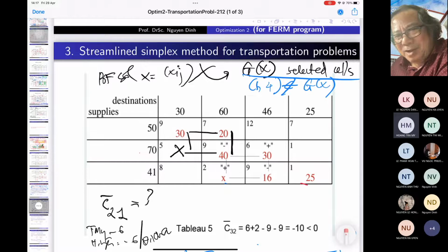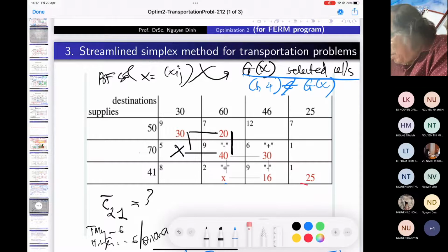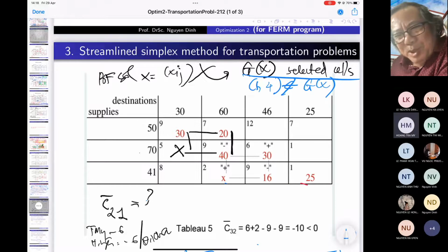Okay. And so how do you calculate C bar 2, 1? Which cell is plus?